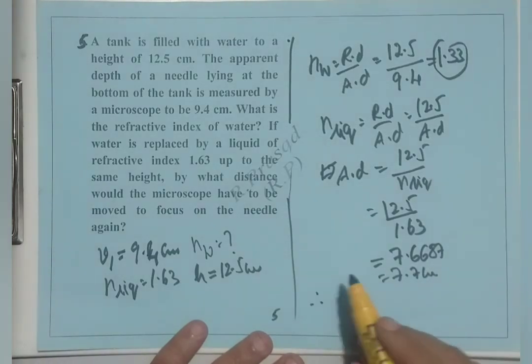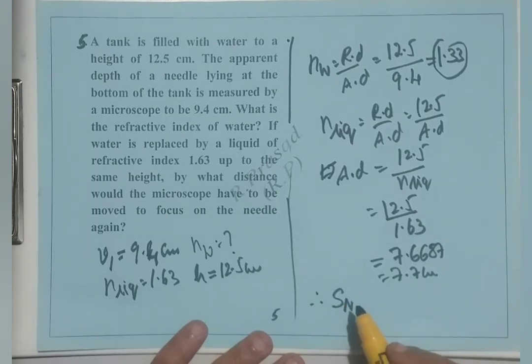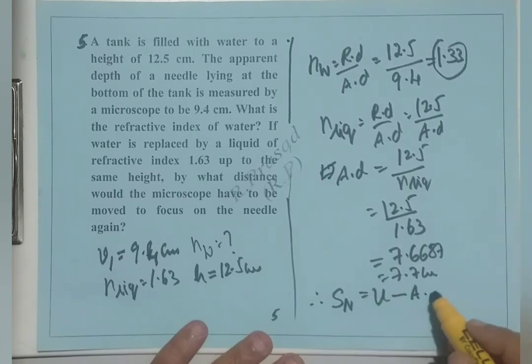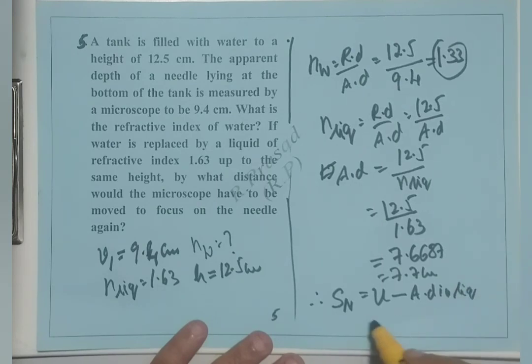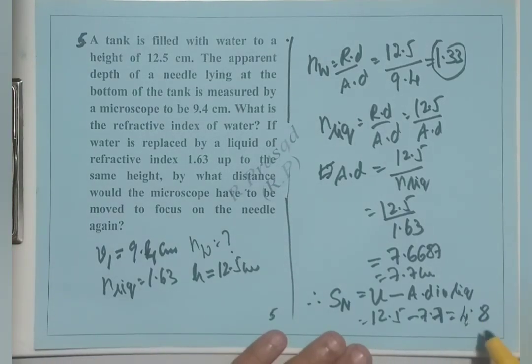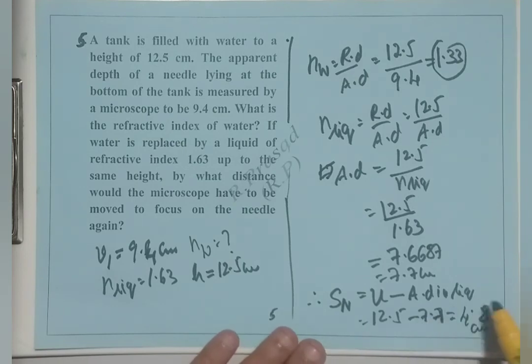Therefore, the microscope to be shifted means the normal shift with the liquid to be calculated, Sn, that is original distance minus apparent depth in liquid, which is 12.5 minus 7.7 approximately, 4.8 centimeter. The microscope is to be moved by 4.8 centimeter.